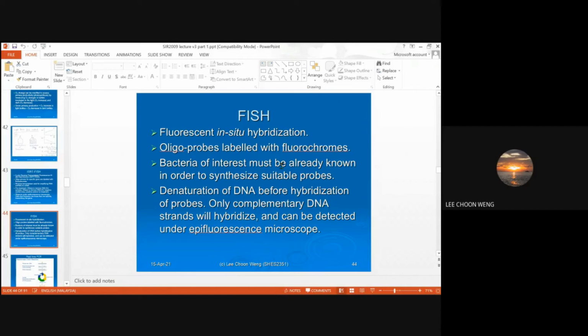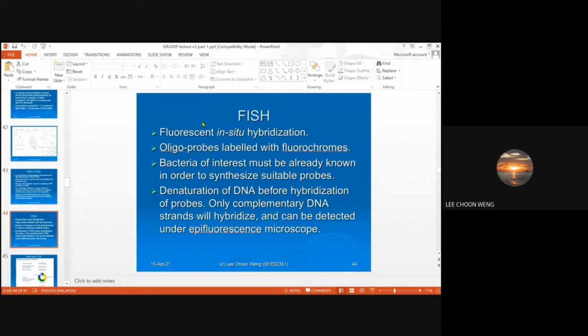Okay. However, this does not represent diversity, partly because you must already know what kind of bacteria you are probing for. So it is not true diversity. You are only looking for specific bacteria within your community.